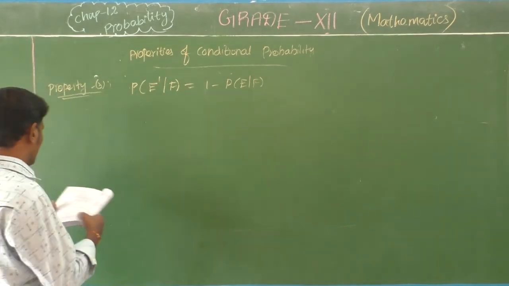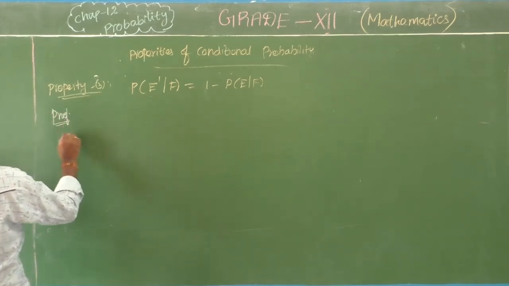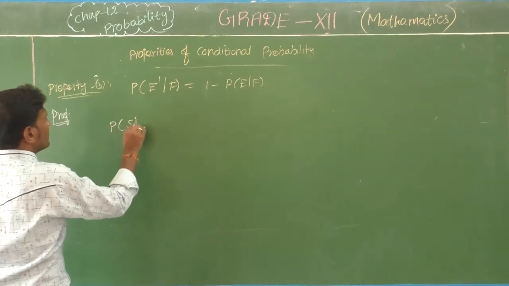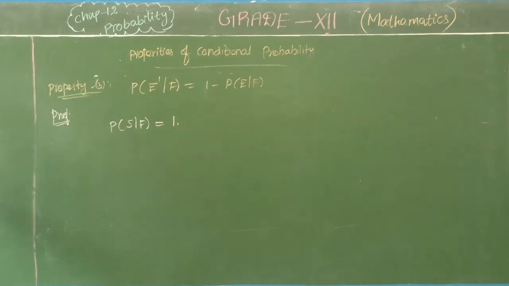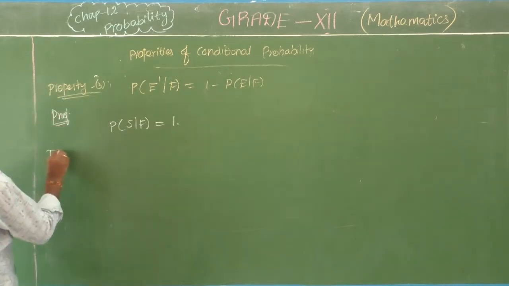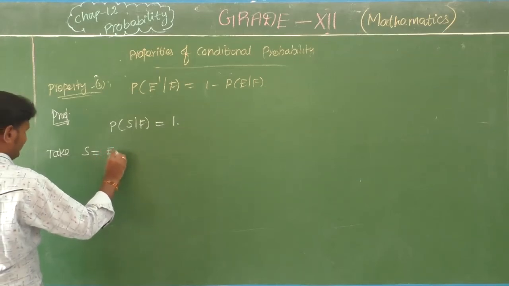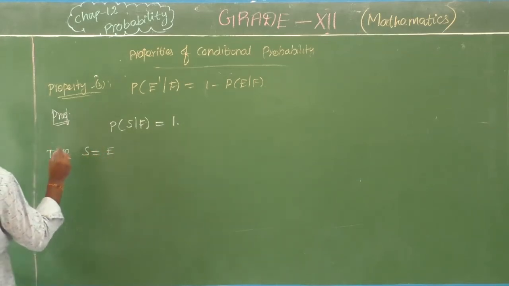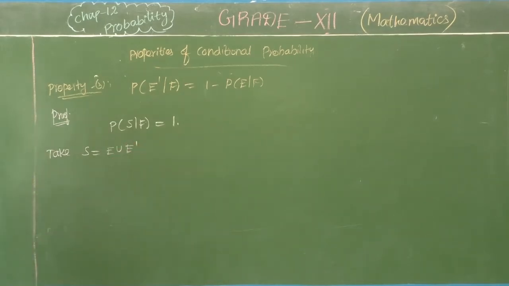Okay, so here from property 1 I am going to prove it. From property 1 we know that P of S by F is equal to 1. Now here, for S, I am going to take the sample space, which is E union E bar: one event which happens and another event which does not happen.